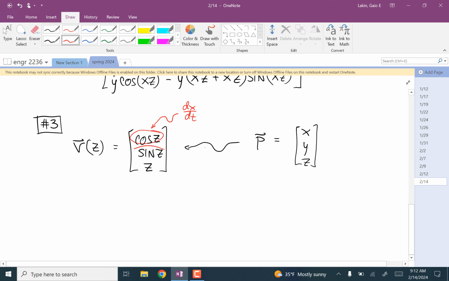I'm just using the definition of the velocity vector, that it's equal to dp dt. This is dy dt. And this is dz dt. Okay?